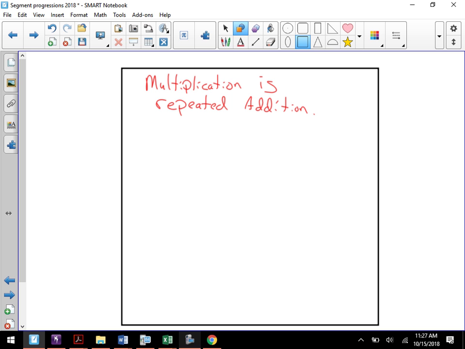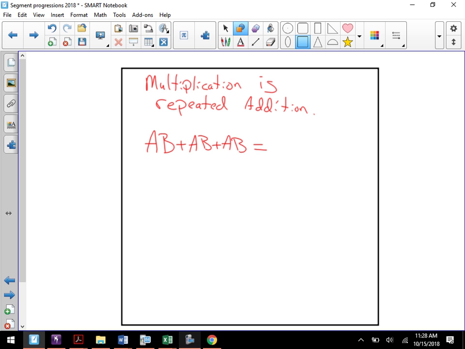For example, if I said AB plus AB plus AB, what would that equal? That's what you're multiplying. How many ABs are there? So how many am I adding together? 3 of them.